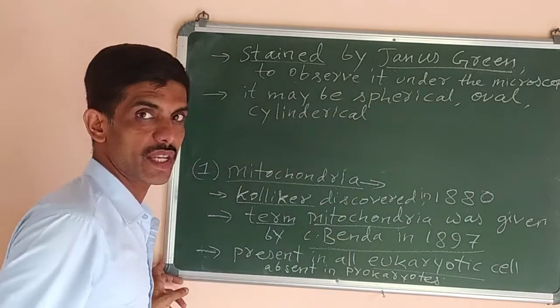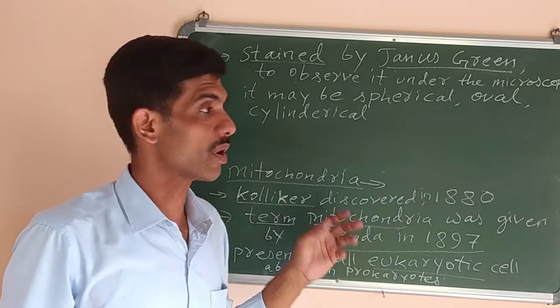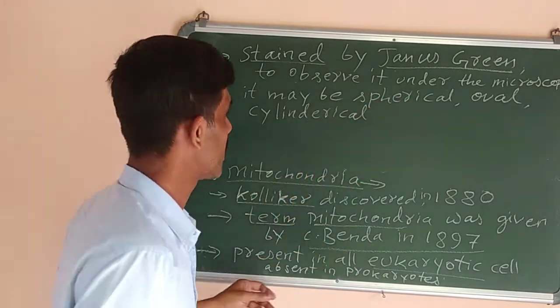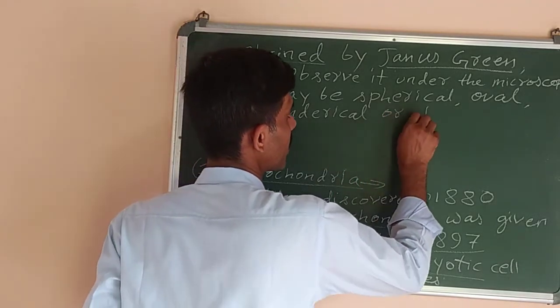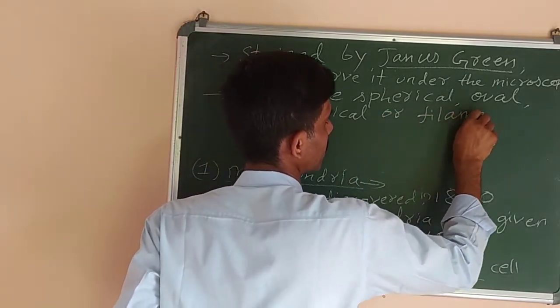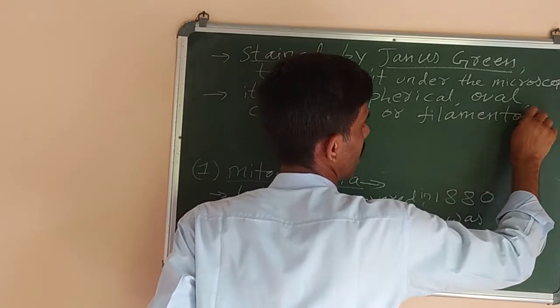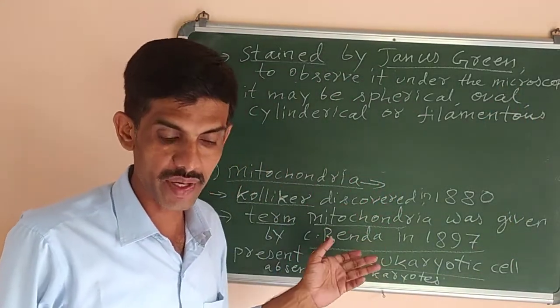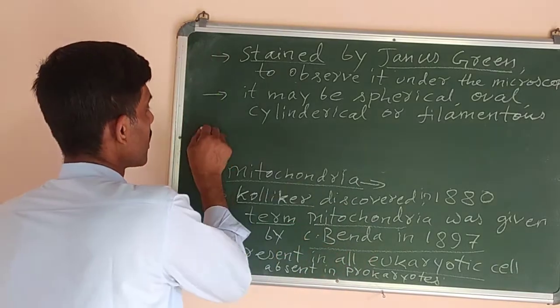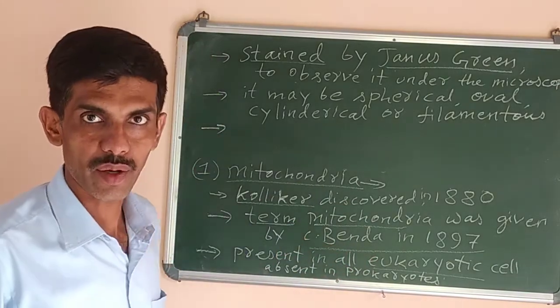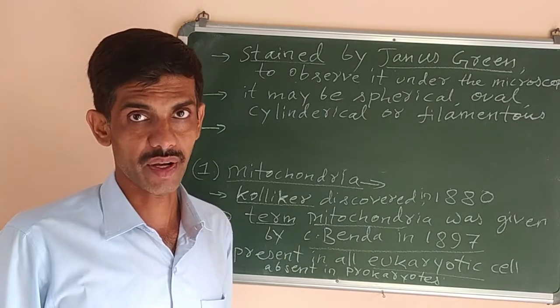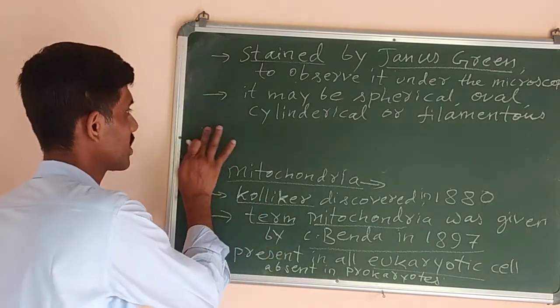So what are the different shapes that mitochondria may be of? Rod shaped also it is sometimes called. Spherical, oval, cylindrical or filamentous. These are the different shapes. Now the next point that we have to study is the structure of mitochondria.